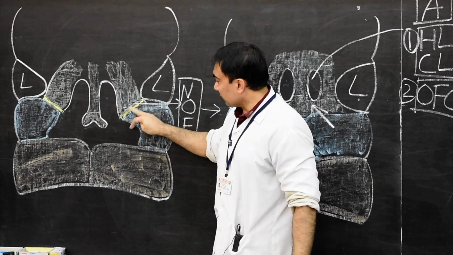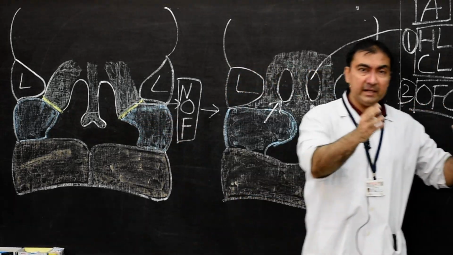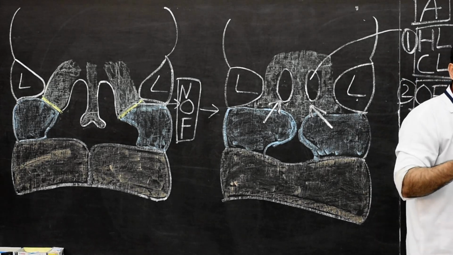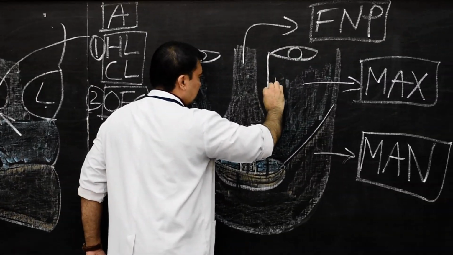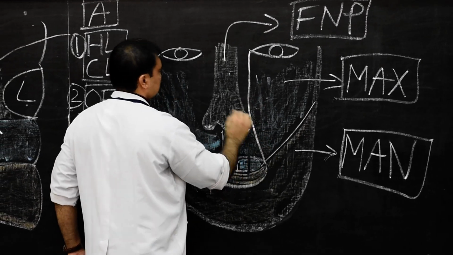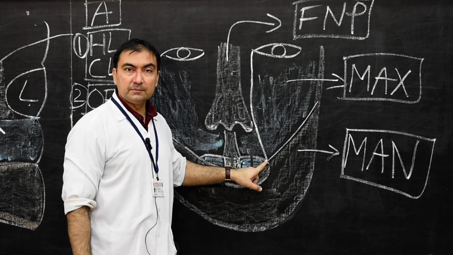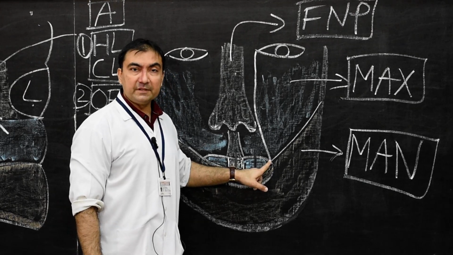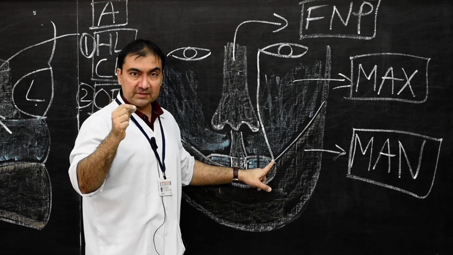If it remains exposed on the surface, it will lead to development of an oblique cleft like this, from the medial angle of the eye till the lateral angle of the mouth. And this is known as oblique facial cleft. Non-fusion of maxillary process with the lateral nasal process.